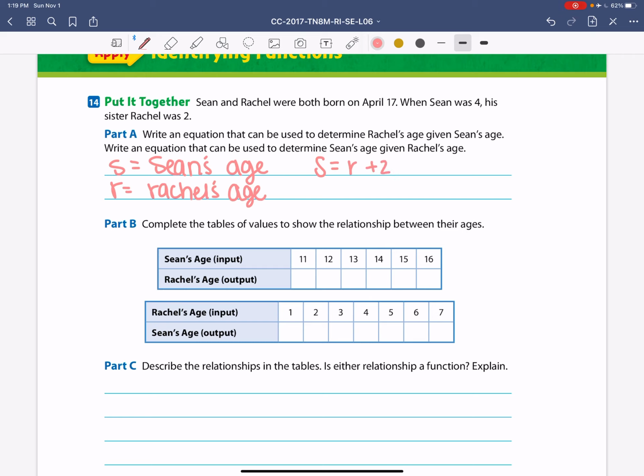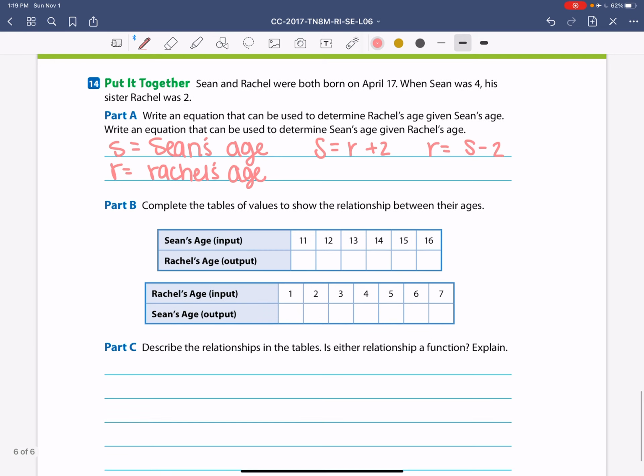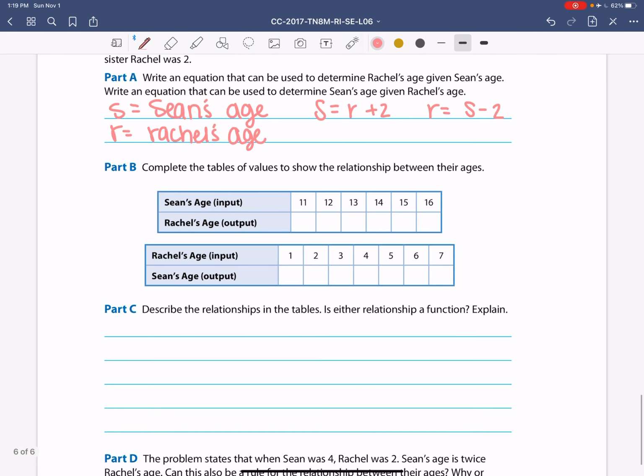So we have S is Sean's age, R is Rachel's age, and then Sean's always going to be 2 years older than Rachel. Rachel's age is always going to be equal to Sean's age minus 2, and both of those will be equivalent. Part B, complete the tables of values to show the relationship between their ages.